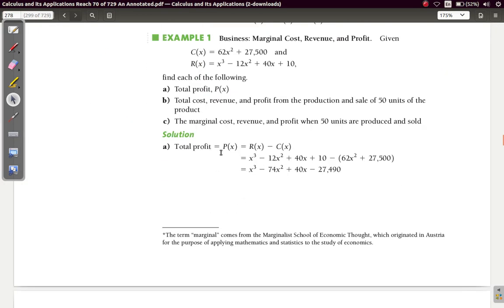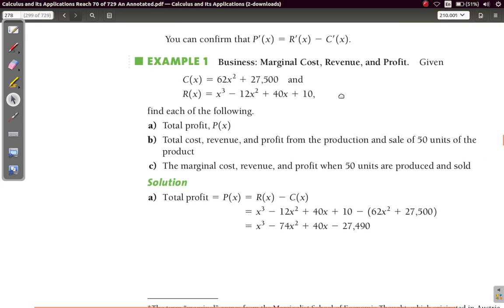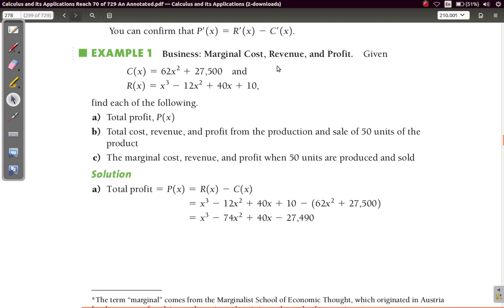Page 278. Now, let's increase the size a bit so we can see it more closely. Here, example 1. Business, marginal cost, revenue, and profit.